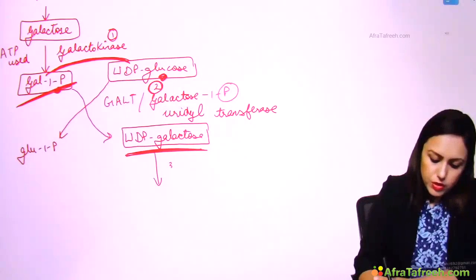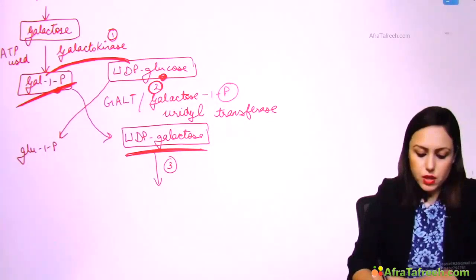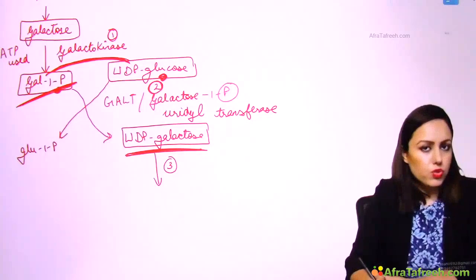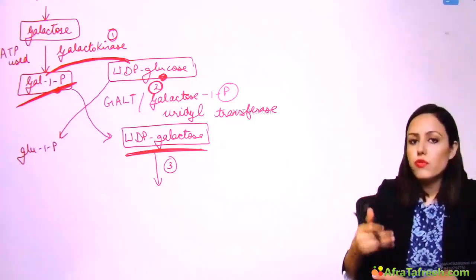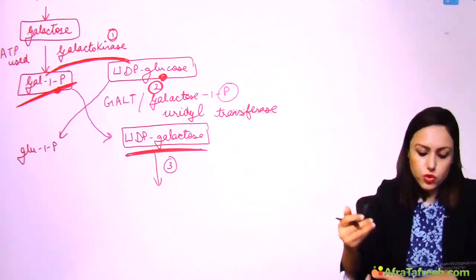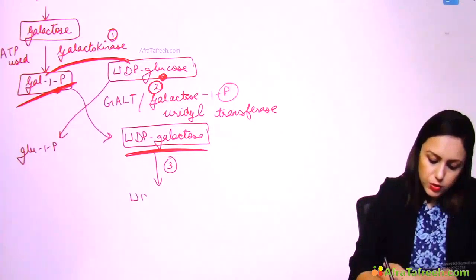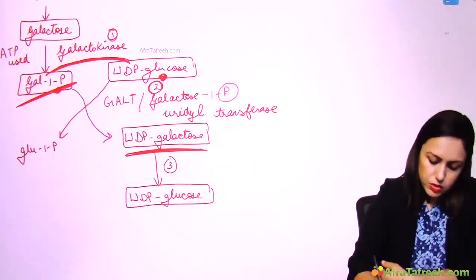Now, number 3 enzyme is, see, we have got UDP galactose. I told you, main work in galactose metabolism is to convert galactose to glucose. So here UDP galactose will be converted to UDP glucose, right?